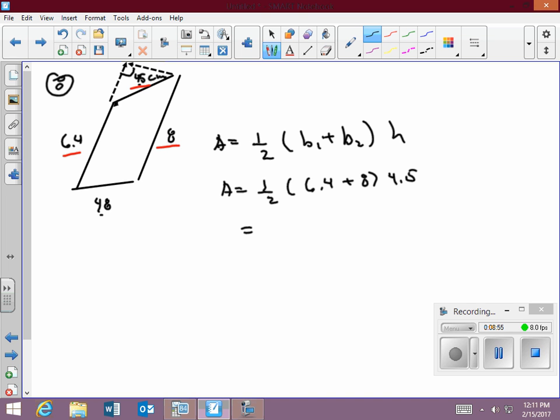So it's like 3.2 plus 4 times 4.5. Can't make it simple enough so I can figure it out in my head. Okay. Does someone have it calculated out? 32.4.